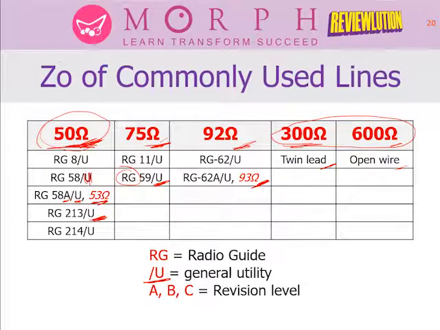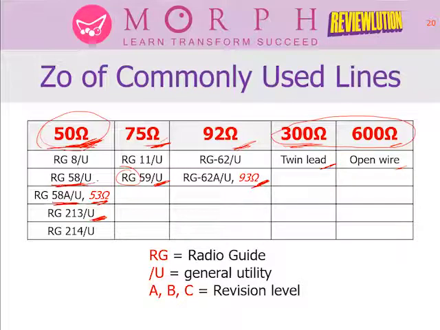No? It can be used generally. Parang kumbaga sa ating terminologies, generic, parang ganun. No? General utility. Now pag meron kang A, B, or C dito, before the U, it means na na-revise na yan. So kumbaga, between the RG58/U and the RG58A/U, itong RG58A/U, revision ito ng RG58/U.